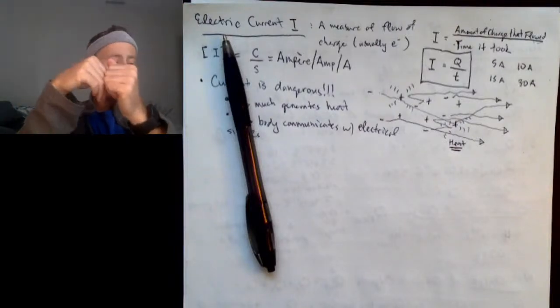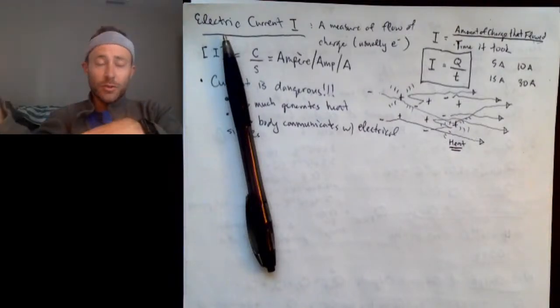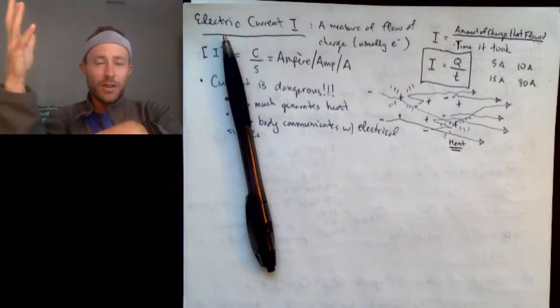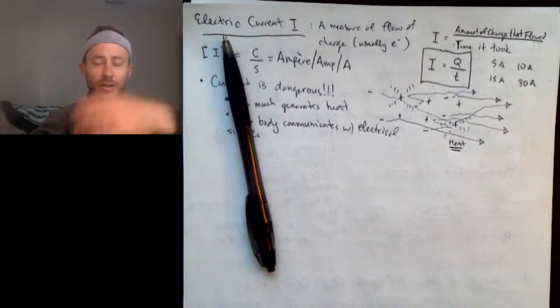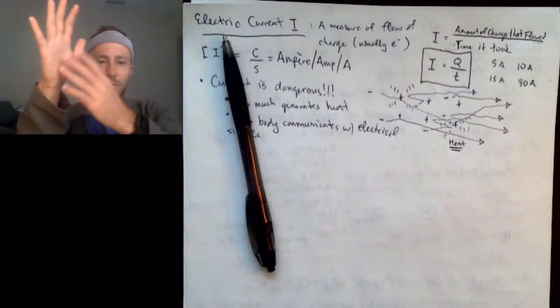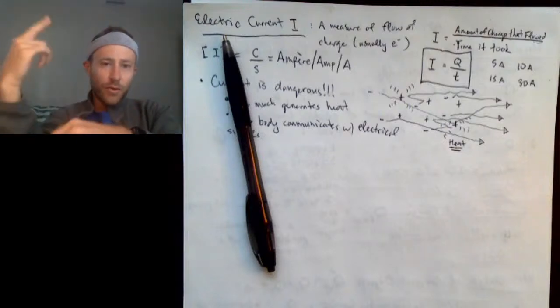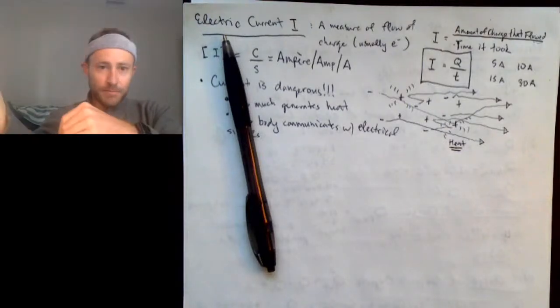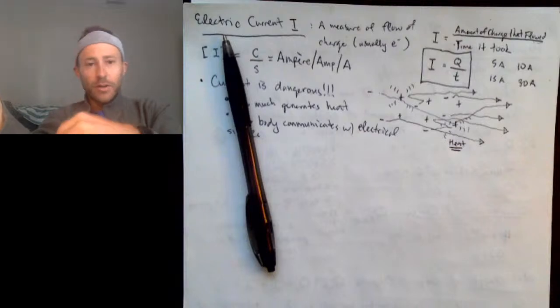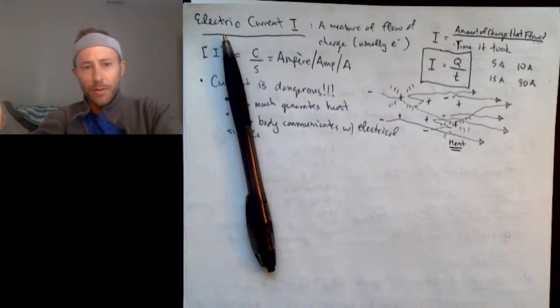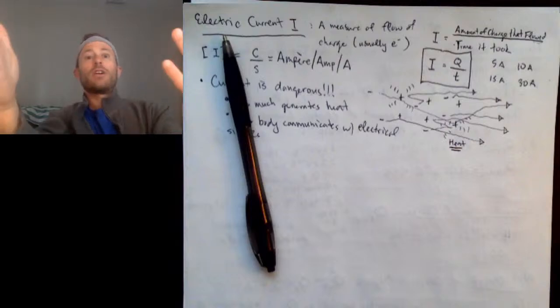So that's obviously really bad if you have electric current running through your body, because your muscles aren't smart enough to distinguish an external electric current from the signal from your brain. If you've ever seen a video of someone being electrocuted, they're frozen.